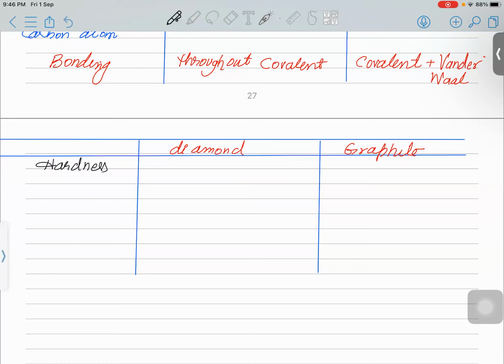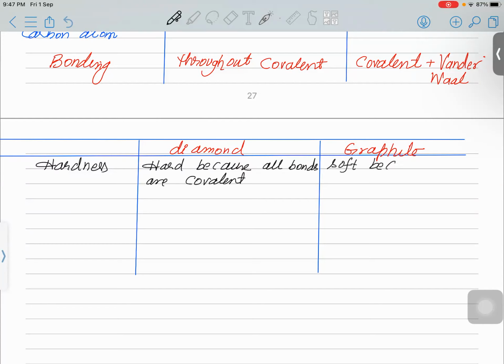Number 3, hardness. Which one is hardest? Graphite. Graphite is hardest, right? So diamond is hard. Why hard? Sir, diamond is hard because it's only made up of covalent bonding and not van der Waals. Exactly, all bonds are throughout covalent. Very good. And graphite is hard or soft? Soft.